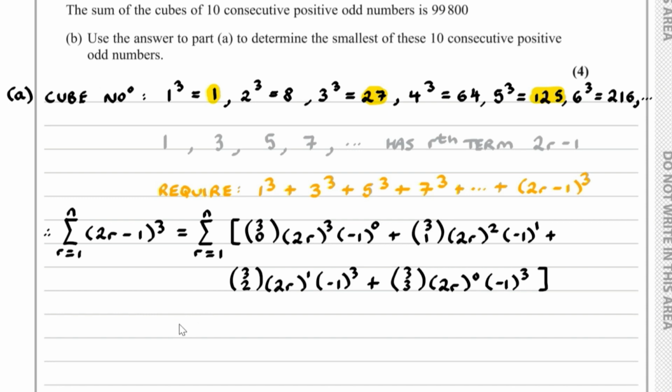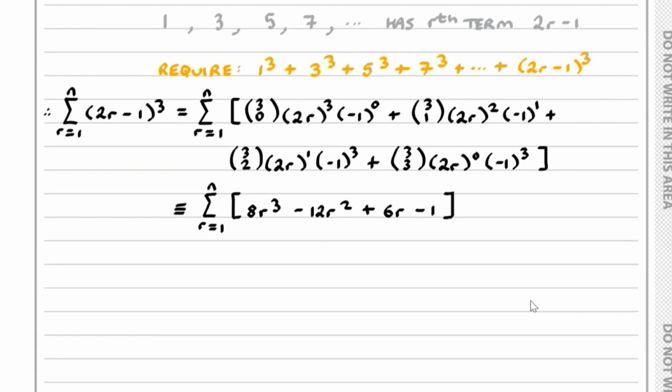And so if we work this out, we have the sum from r equals 1 to r equals n of 8r cubed, and then we have minus 12r squared plus 6r minus 1, and we can split this up even further.